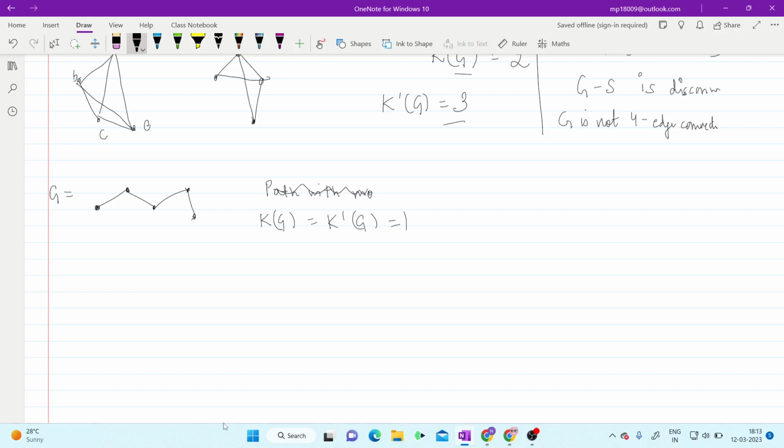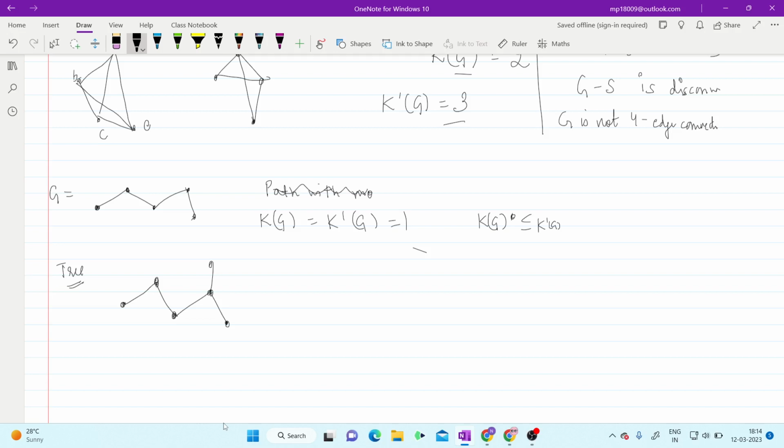So this was a path. For a tree, ma'am? If you consider a tree, then is removal of one vertex making that tree disconnected?